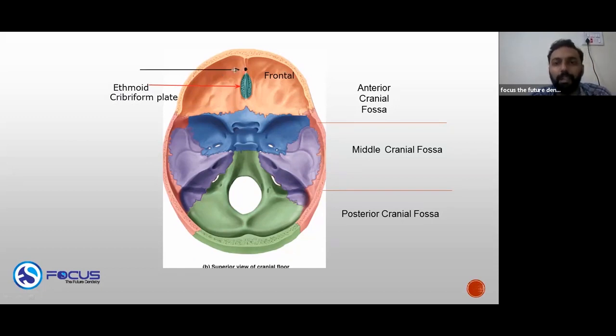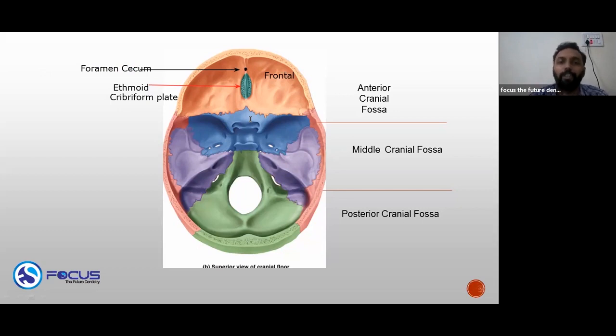Yes, as Amrita, Rahmat and all are saying, it is called foramen cecum. So this foramen cecum is actually situated in frontal bone. In some place it is given wrong as part of ethmoid bone. Correct it. It is not part of ethmoid bone. It is part of frontal bone, but just in front of ethmoid.